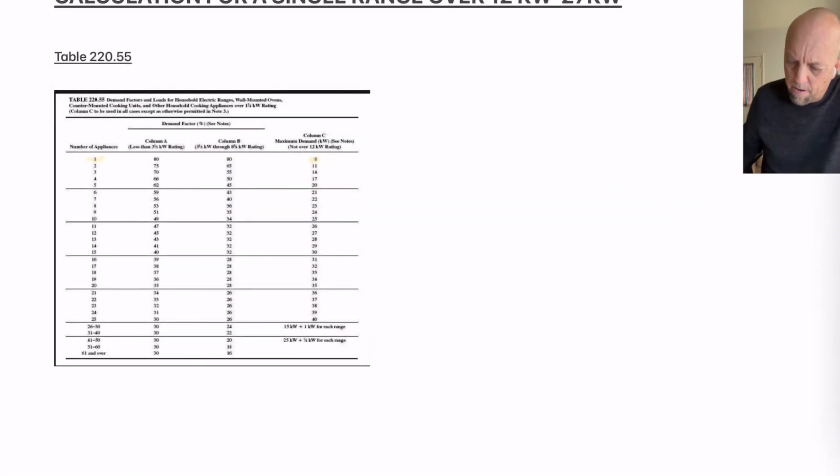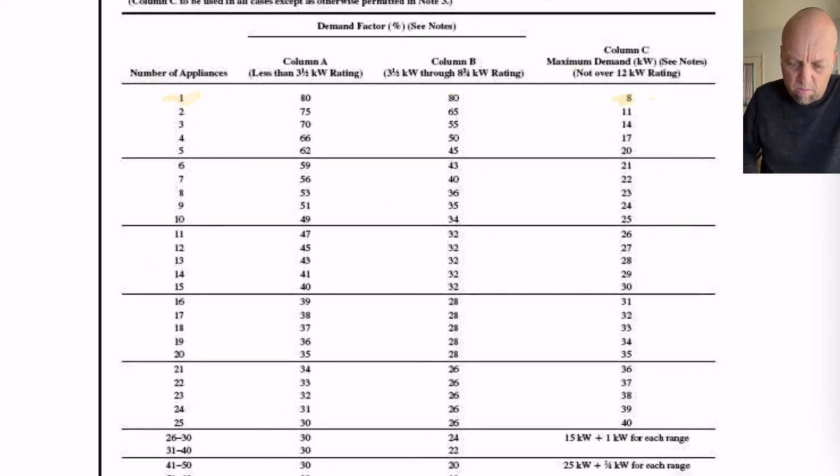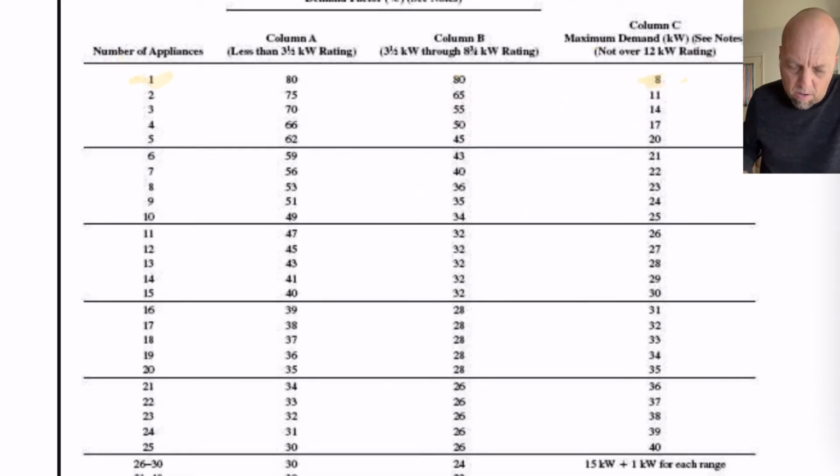So let me get you guys going on this, on the pad here. All right, so at table 220.55, let's look at that. On row 1 of the table, you'll see that it's for one appliance.